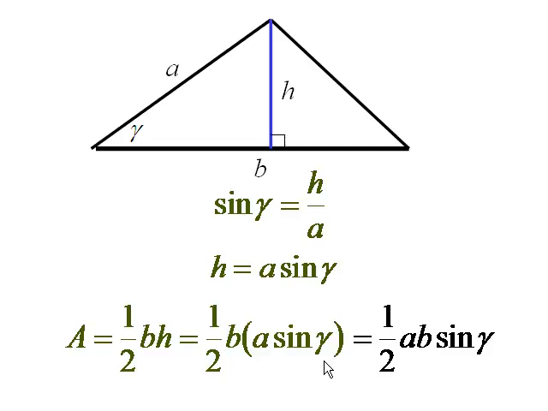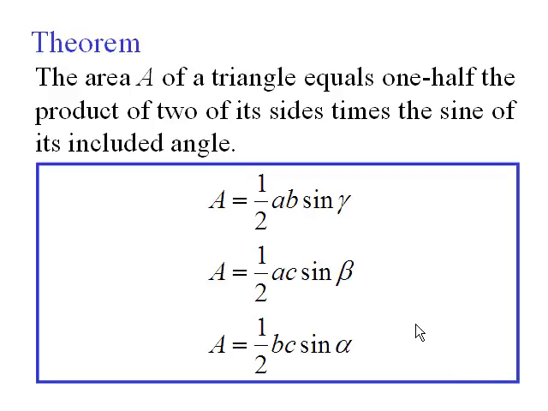So the area is 1/2 the product of the lengths of two sides times the sine of the angle between them. So let's say that three different ways. If the sides are A and B, then the angle between them is gamma. So 1/2 AB sine gamma, that's the formula we just derived.